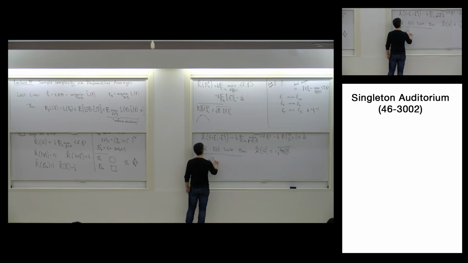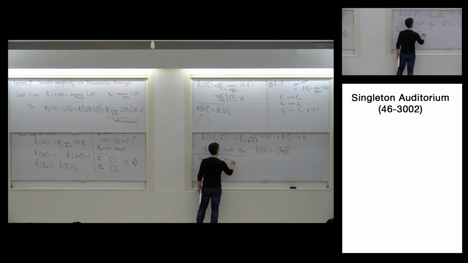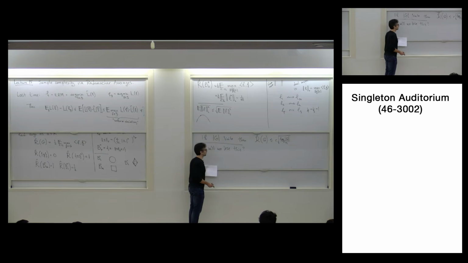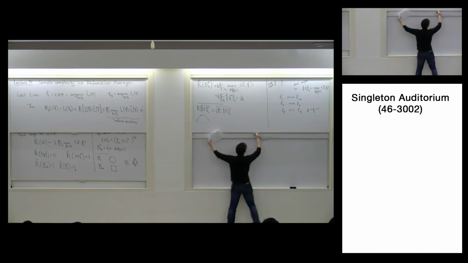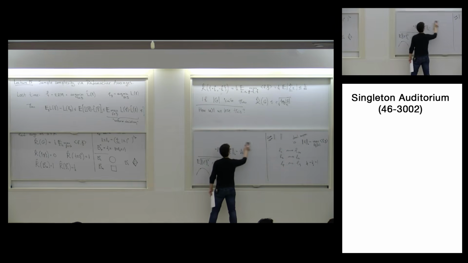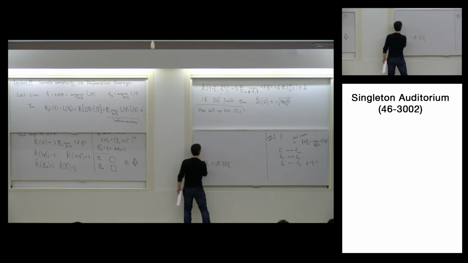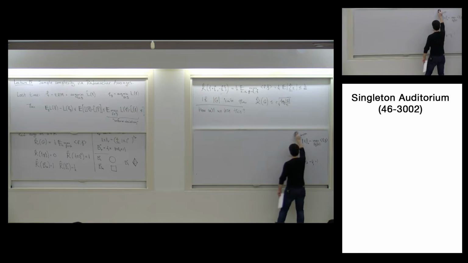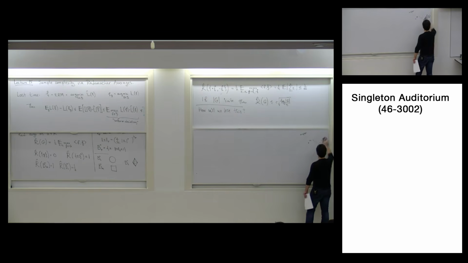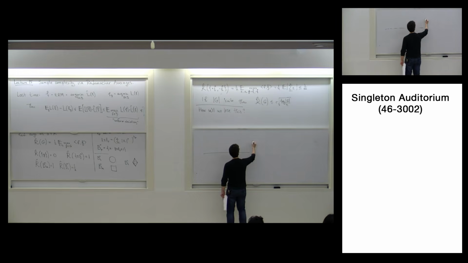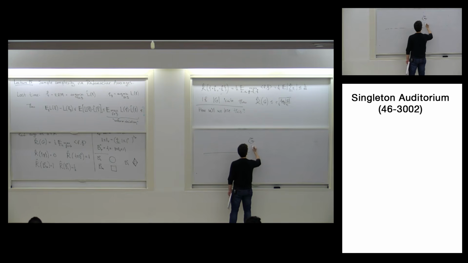How will we use this? Well, let me first draw a picture. Suppose that we have a class of functions now. This is a calligraphic G. I don't know how to draw it.